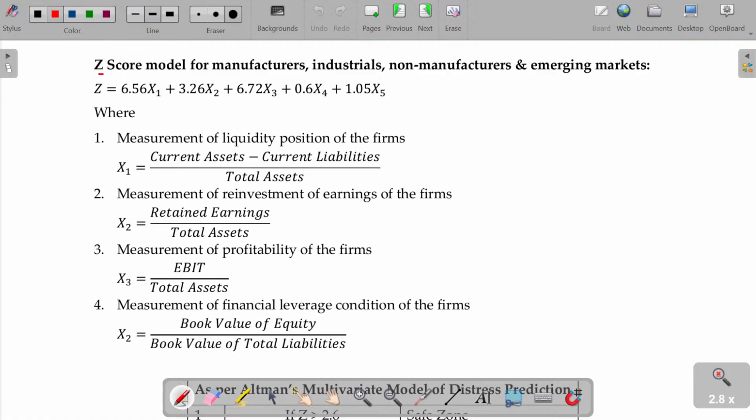This one is the augmented Z-score model for manufacturers, industrials, and non-manufacturers in emerging markets. It's a new market. In that scenario, the Z-score is totally different.